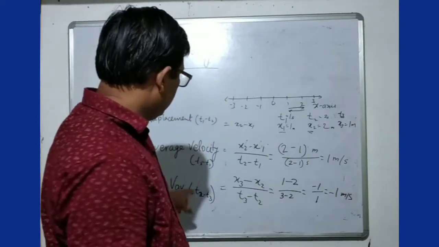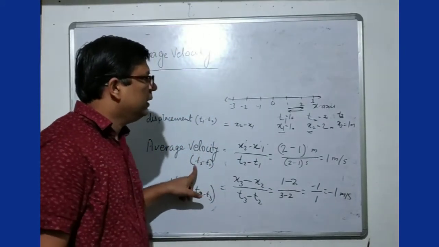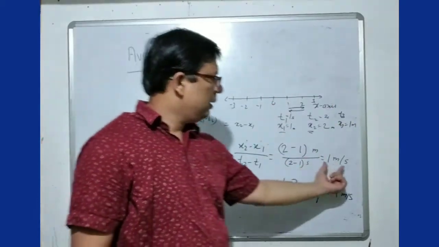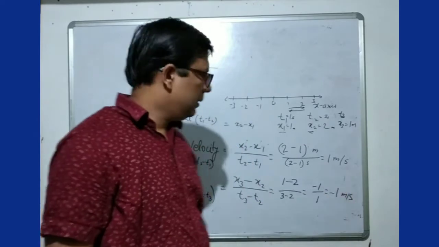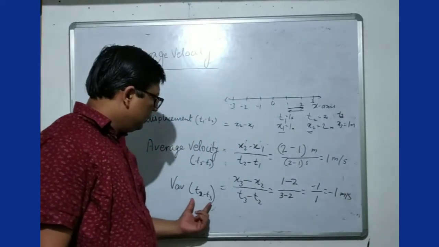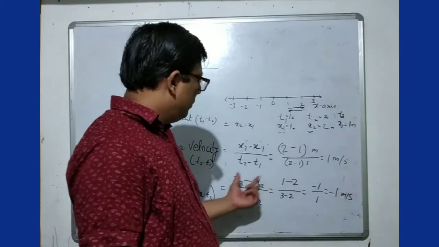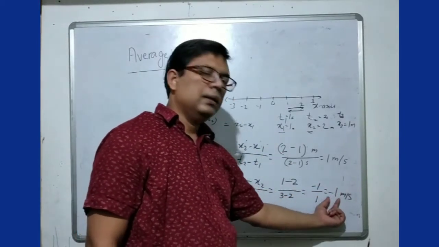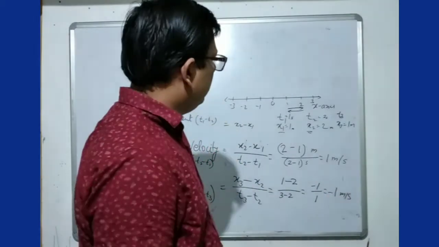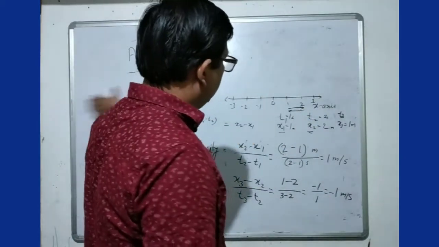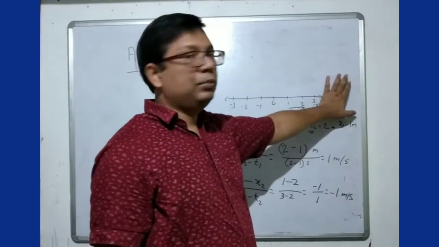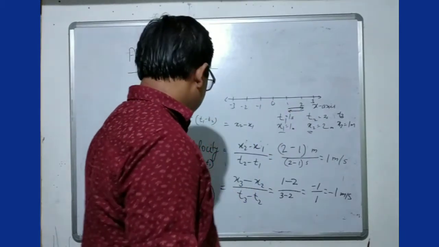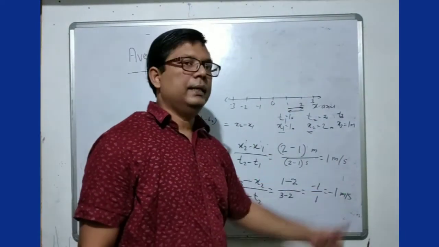So see here, in the time interval t1 to t2, we are moving in the positive x direction, so this average velocity comes 1 meter per second. In the time interval t2 to t3, the displacement is negative, so this average velocity also becomes negative. That means we are moving in the negative direction. We are not in the negative zone, but we are moving in the negative direction. That's why our average velocity comes negative.